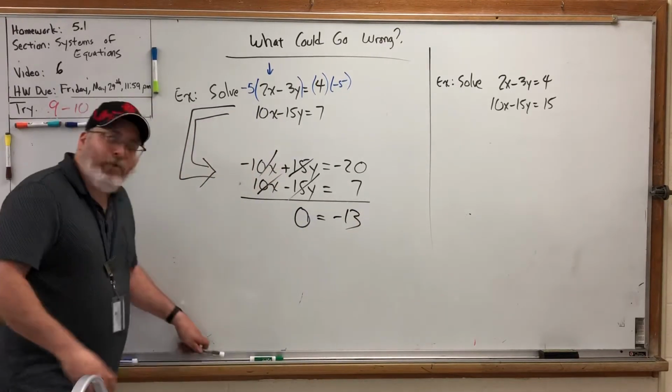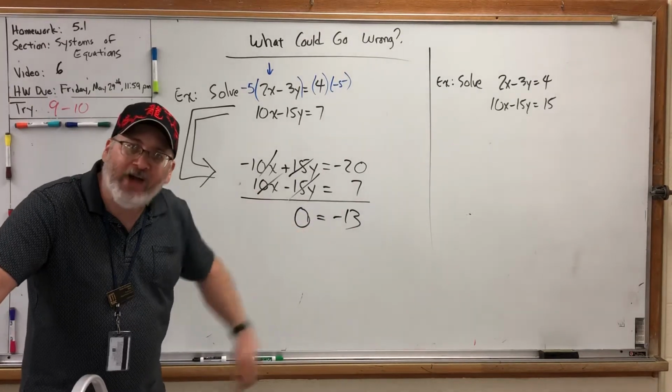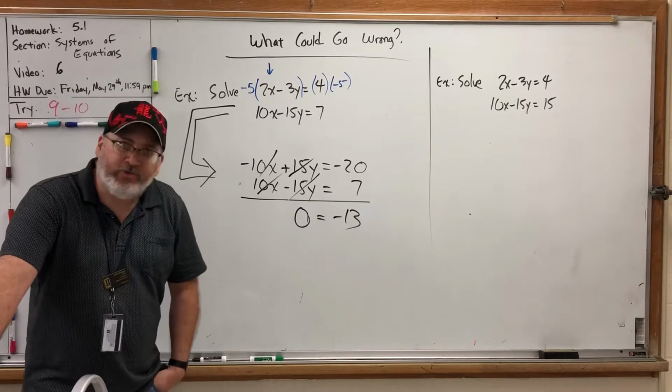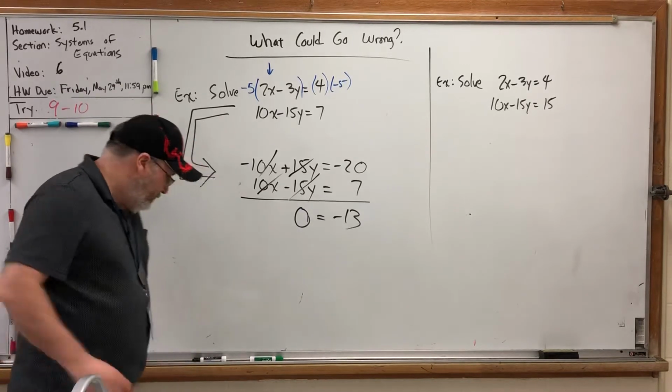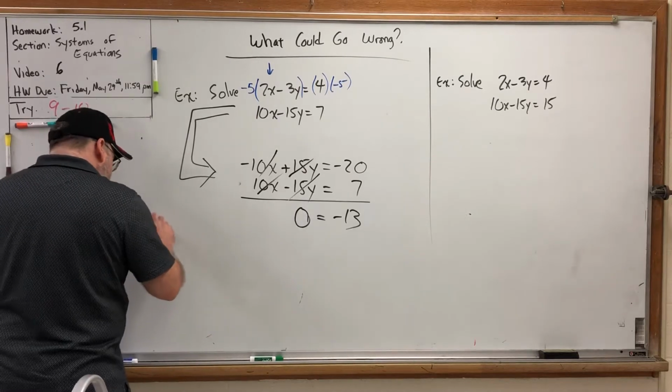Well, I got a problem. There's supposed to be one letter left to solve for. There's not. And the remaining sentence is simply not true. 0 is not equal to negative 13. So what does that mean? Well, here's what happens.